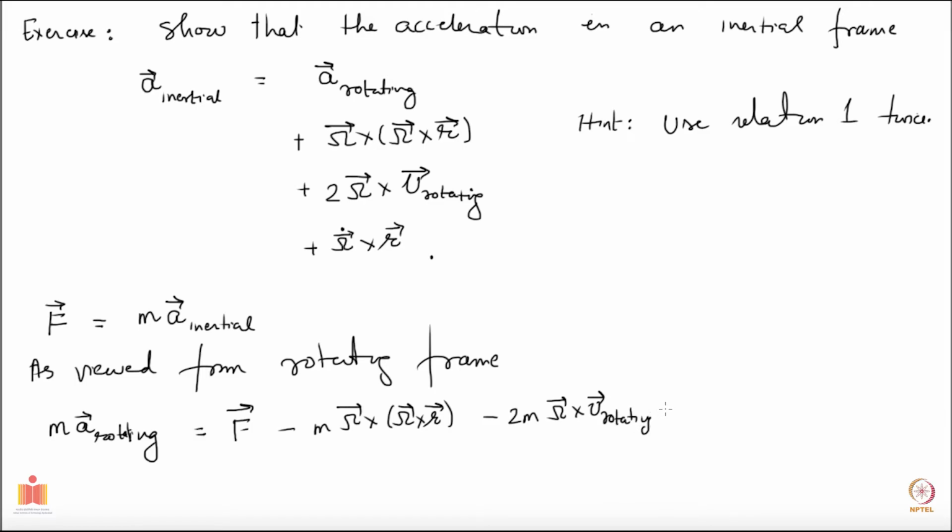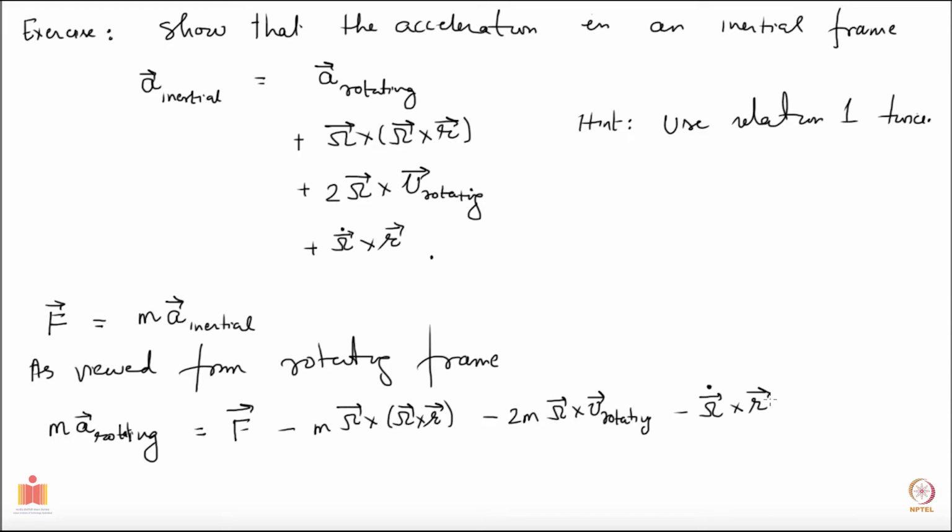And then you have, why is there a, I think it should be minus, let's check, correct, it should be minus M omega dot cross R. Okay, so that's what you will have.